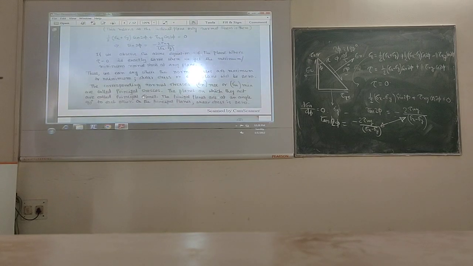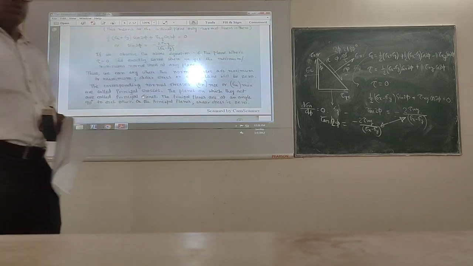The planes on which they act are called principal planes. By how much angle are they separated? The principal planes are at an angle of 90 degrees to each other. On the principal planes, the value of shear stress will be equal to 0.